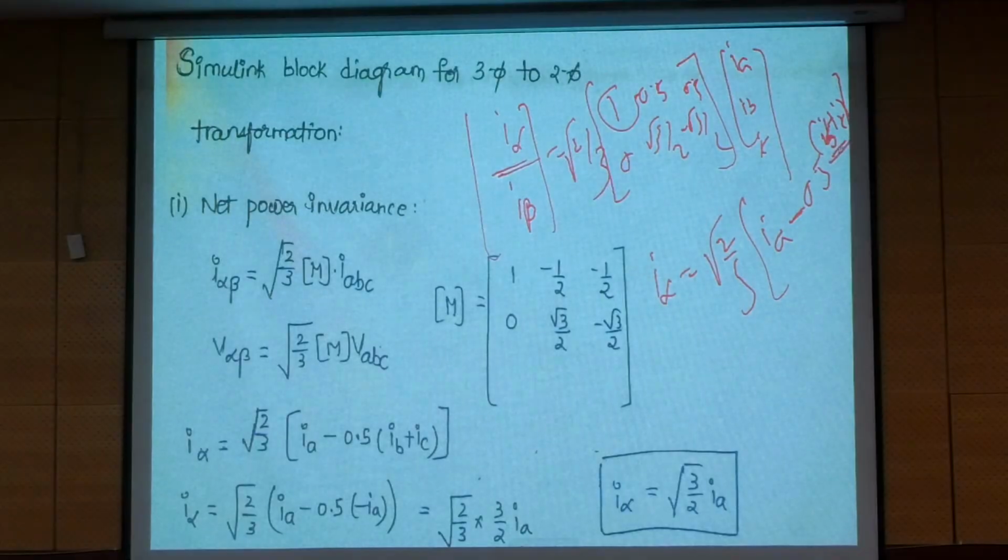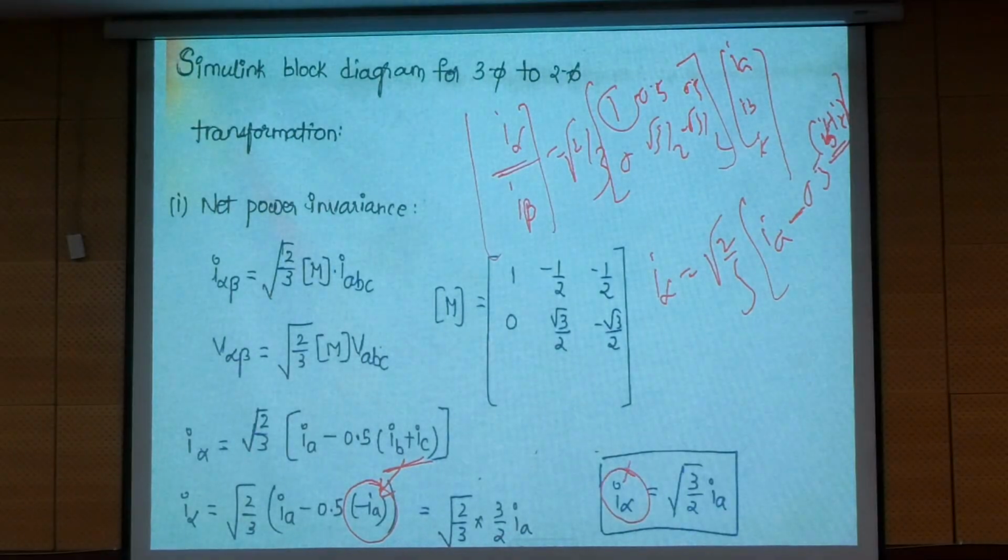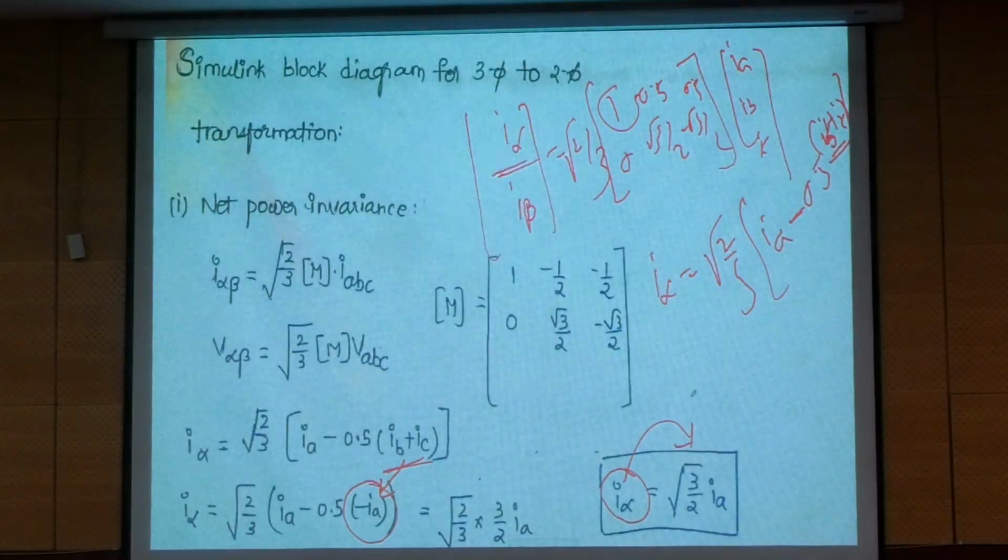See, IA plus IB plus IC is zero, so these two, IB plus IC, we can replace with minus IA. Then you will finally get I alpha. What is I alpha? In the power invariant condition, I alpha is nothing but square root of 3 by 2 into IA. Similarly, V alpha equals square root of 3 by 2 VA.